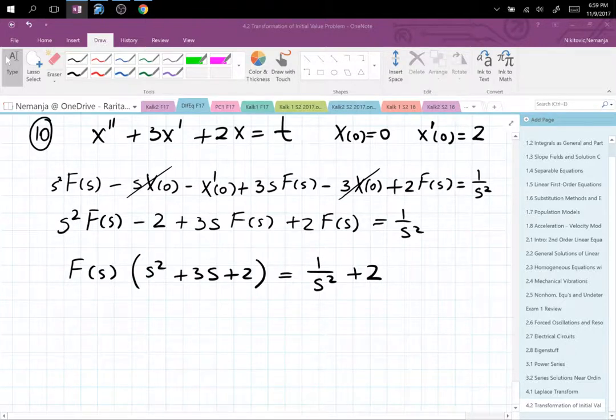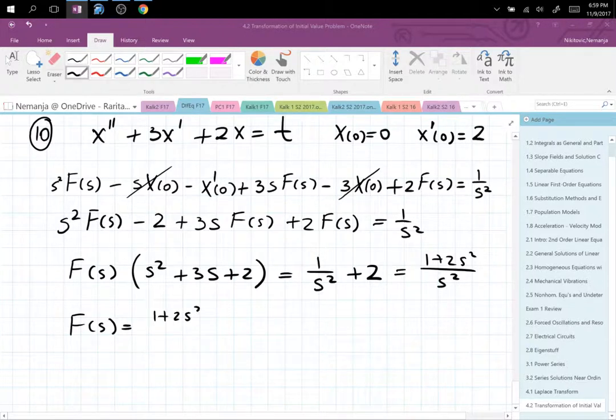Is this what everyone has so far? Now we have to combine these two before we bring over more stuff. So this is going to be 1 plus 2s squared over s squared. And now we bring the rest. So F of s is equal to 1 plus 2s squared over s squared times, if we factor this, s plus 1, s plus 2, right?